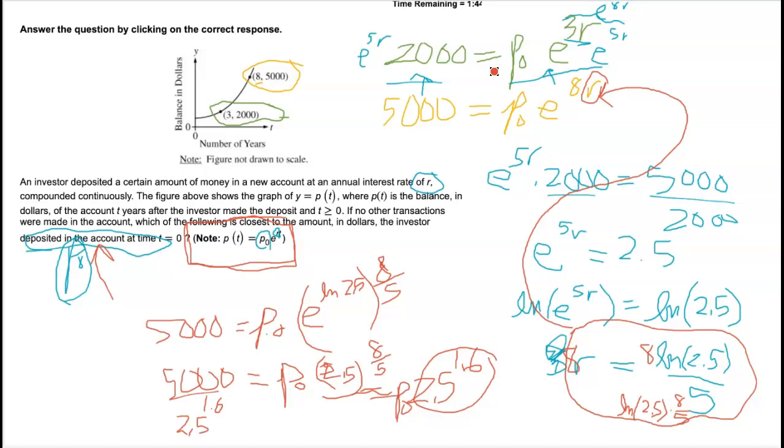Fine, P0 is 5,000 divided by that nasty number, right? It just turns out that the nasty number doesn't look quite as terrible as you thought. It came from something nice, semi-nice, but it is itself a nasty number no matter what.